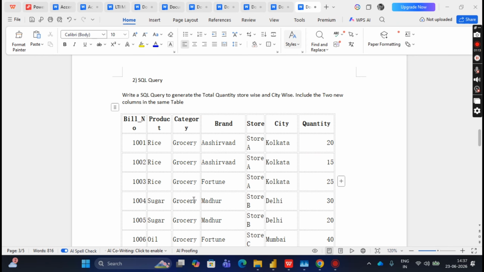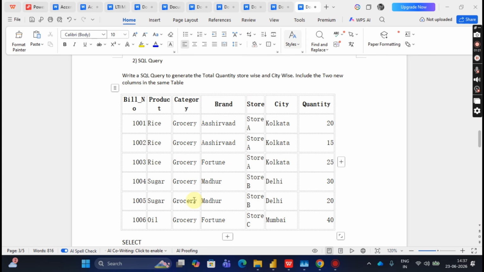So coming to the next question, a SQL hands-on problem was given to him. The table consisted of bill number, product, category, brand, store, city and quantity. And the ask of the question was, he wants the sum of quantity city wise as well as the sum of quantity store wise. What does it mean? That he wants the sum of quantity as a part of aggregating product, category, brand, store.